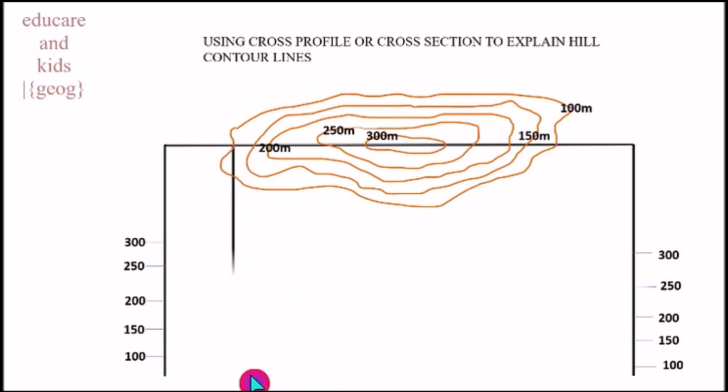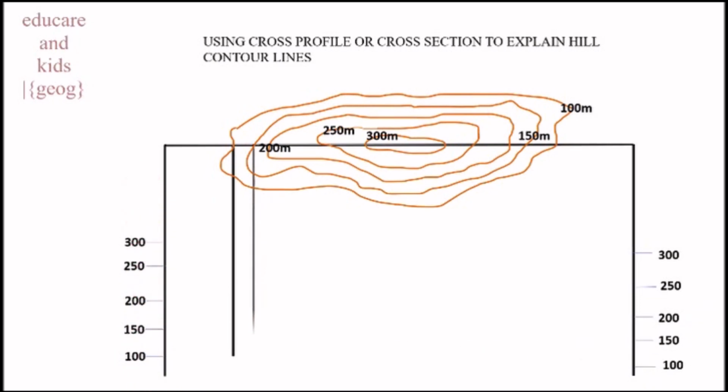This numbering is usually done in an examination using a graph book, but this will let us appreciate the concept of cross profile or cross section. The numbering is done according to the calibration of the contour. So after numbering, you trace all the contour lines to the calibrations at the left hand side and then the right hand side.